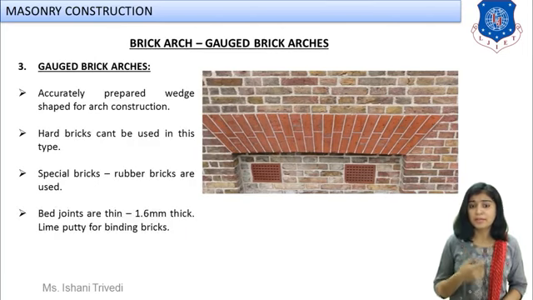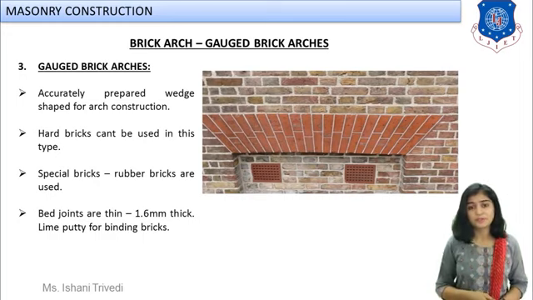You can also understand that bricks are a little tough to cut into wedge shape, because they are very hard and strong material. Here the bricks will be specially made for arch construction, using clay material. So here it becomes very easy to cut them into wedge shape, and then your arch will be constructed, which will have a very great appearance and the quality will also be better.